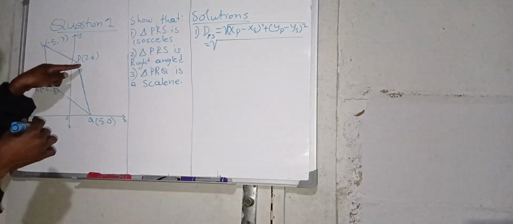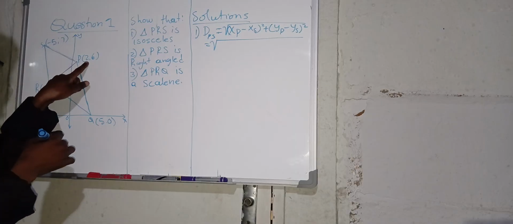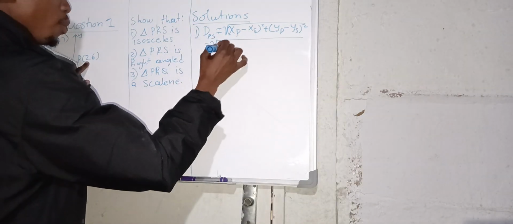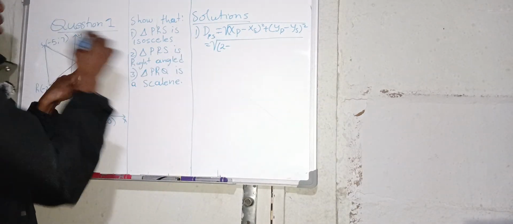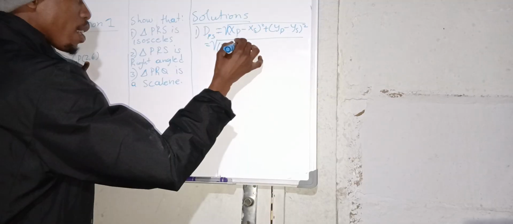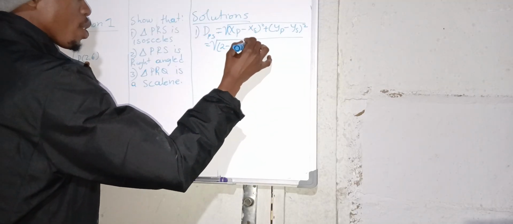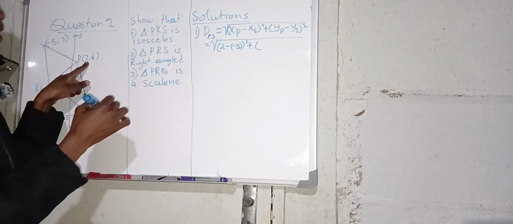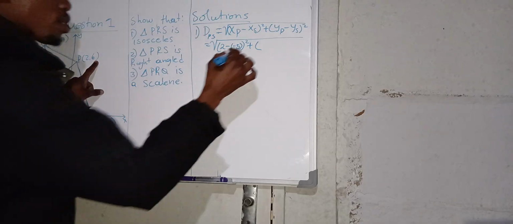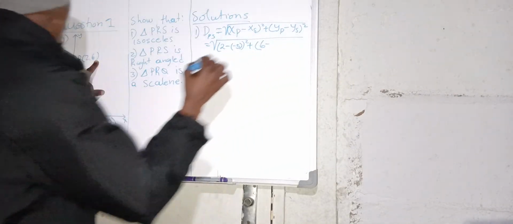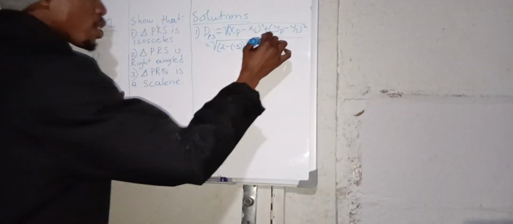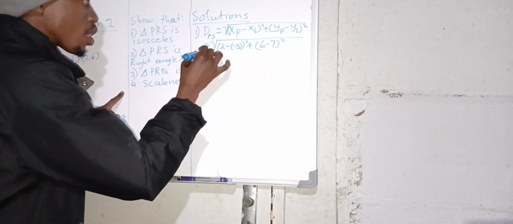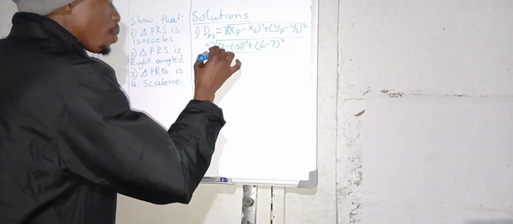Now xp is 2, minus xs which is minus 5, so I write 2 minus, open the bracket, minus 5, and square the whole thing, plus yp which is 6 minus ys which is 7, squared.